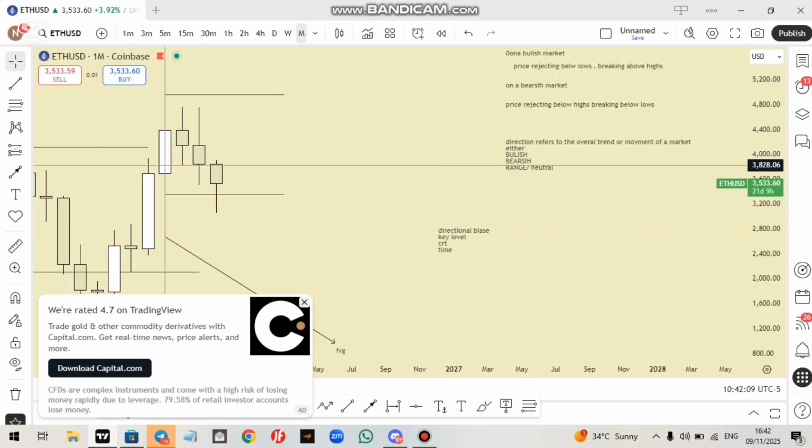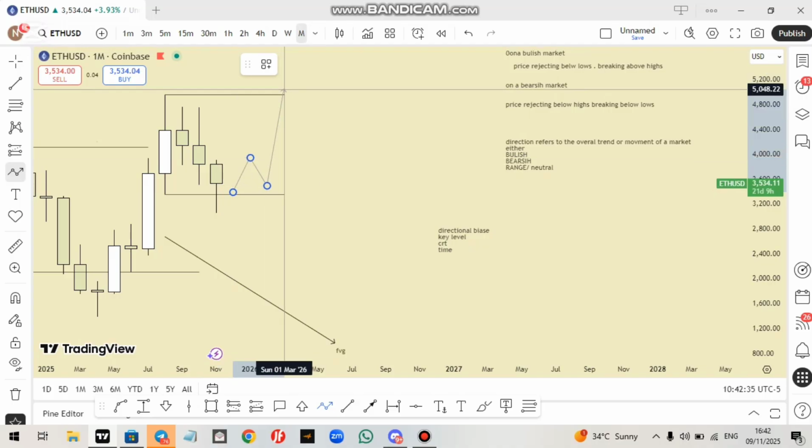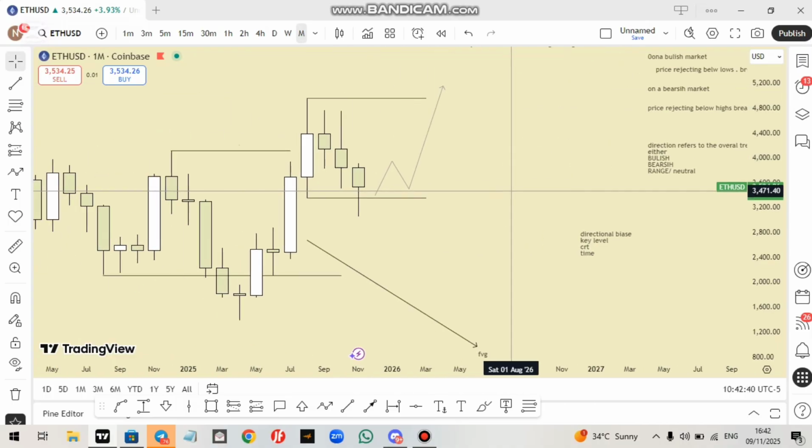So you're either trying to trade the second candle or the third candle. Hope you get it. CRT low, CRT high, accumulation, manipulation, and we are now expecting a distribution, right? We're expecting price taking out this high as our target. Hope you understand.